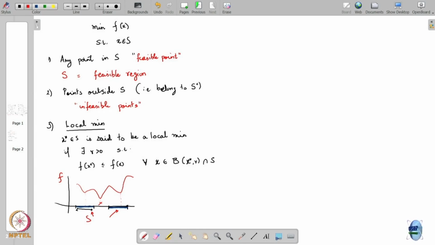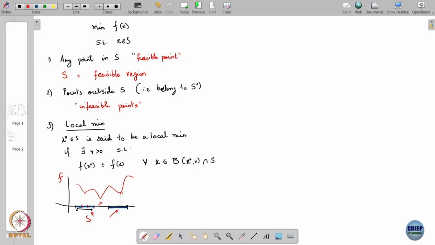This point is feasible, and moreover, if I zoom in and look at a small region around it, the function has its least value at that point. Likewise, this point is also a local minimum. If I search around it, the function has its least value over there. That does not mean that the function cannot have a lower value elsewhere. That is a completely separate matter.